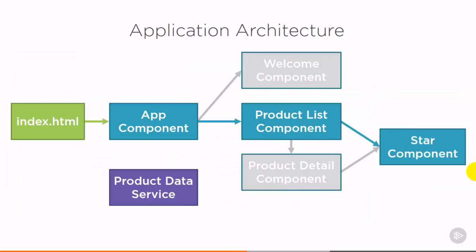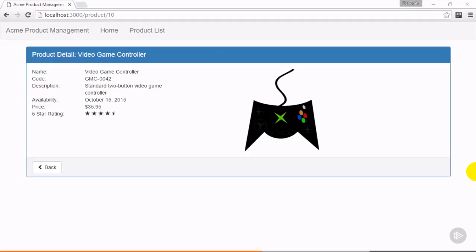But first, let's add in these two missing components. I provided the welcome component as part of the starter files, so we only need to build the product detail component. The product detail component should ultimately look like this, but we want to focus on routing, not building another component. So let's just create a shell for the product detail component so we can route to it.